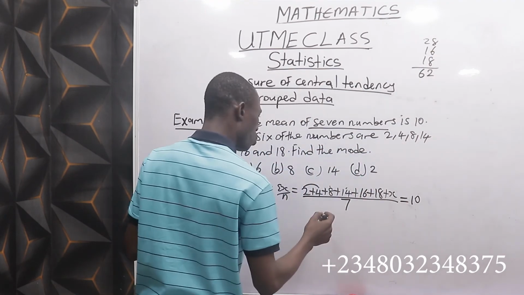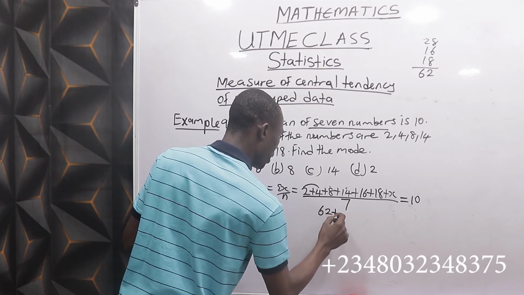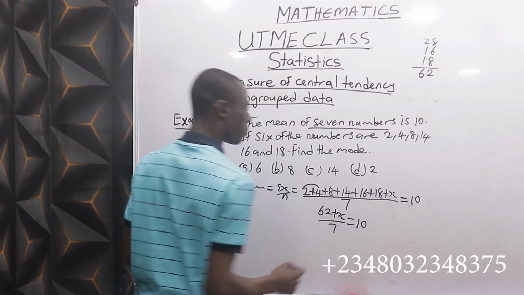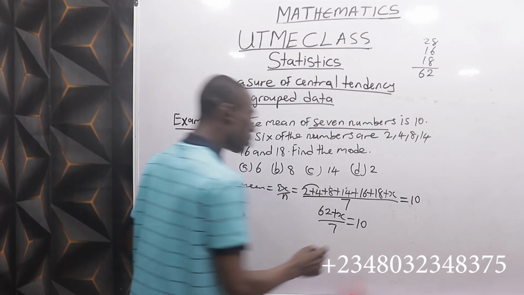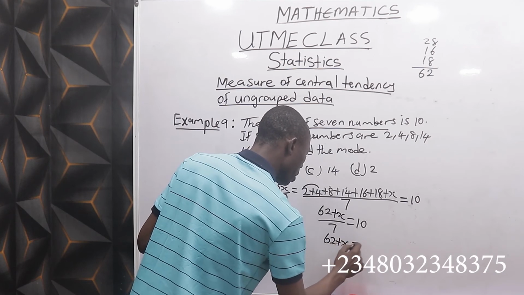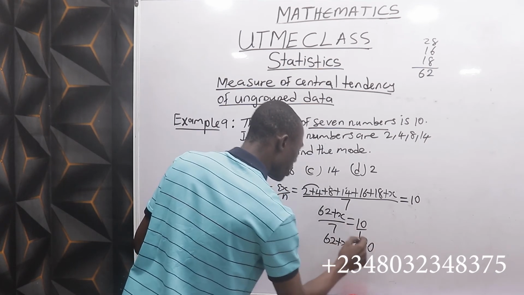We have 62. So that is 62 plus x over 7 equals 10. Are you following? Cross multiply, we have 62 plus x equals 70, because 10 times 7.